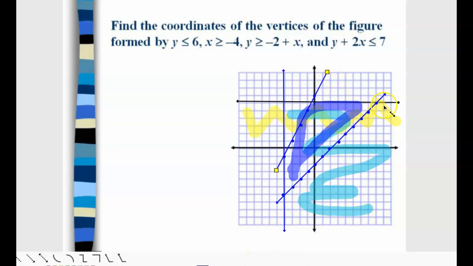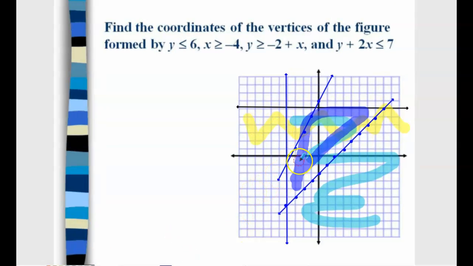Okay, and now your y values are less than, so you're going to shade in here. The vertices are the 4 corners with which the graph meets. So right here, -0.5 and 6.